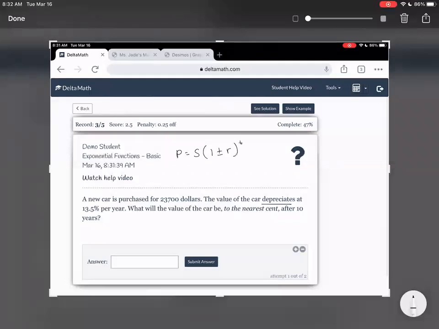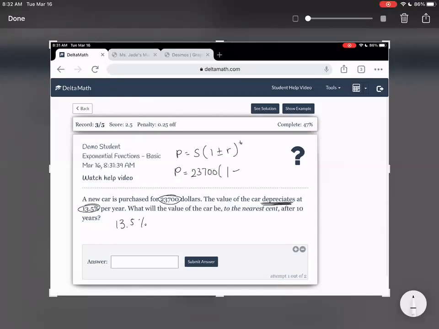So remember, it's still the same basic formula. I know P doesn't really stand for, oh, I guess P can stand for price. Doesn't have to stand for population, but no matter what, P is the thing we're looking for. S is our starting amount. So we start off with 23,700. And then 1 plus or minus. So we have a car that's depreciating, which means the value is going to go down. So it's decreasing, so we want to use the minus at 13.5% each year.